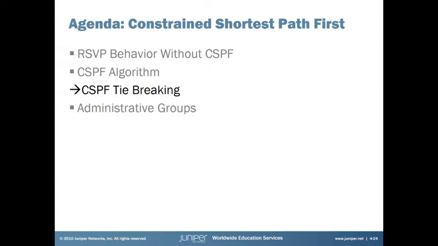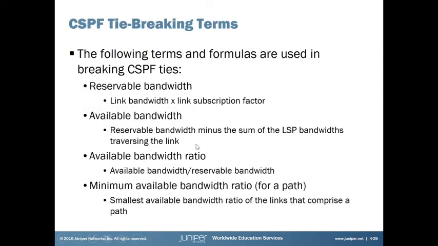So what happens if we put all of our constraints into the algorithm, and it comes up with more than one possible path that meets all of our constraints? Well, it has to have some mechanism for making a decision. That's where the tie-breaking functionality comes in. So let's take a look at tie-breaking.